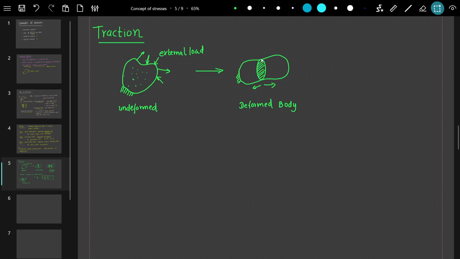So for that, let's take this cut section here. If I draw this further, this cut section will split this body into two different bodies, just for understanding. So let me draw that.